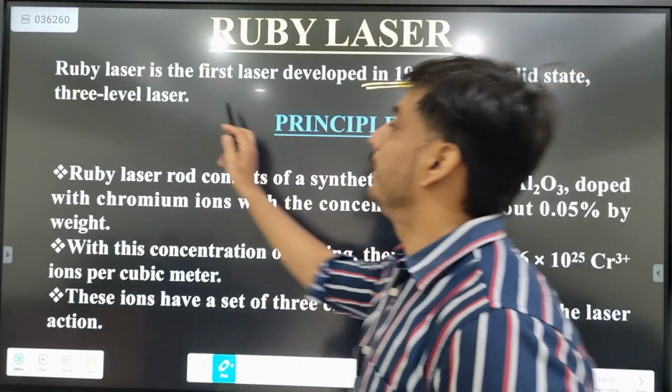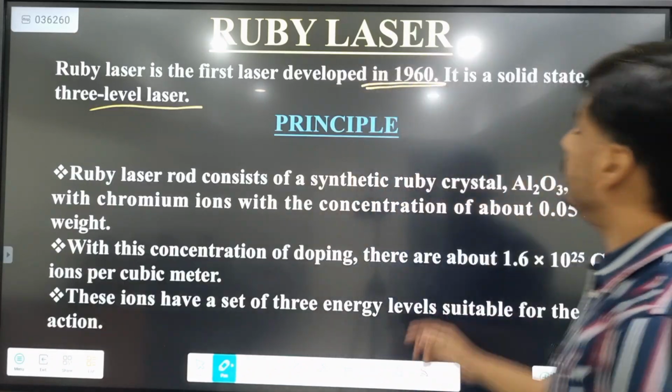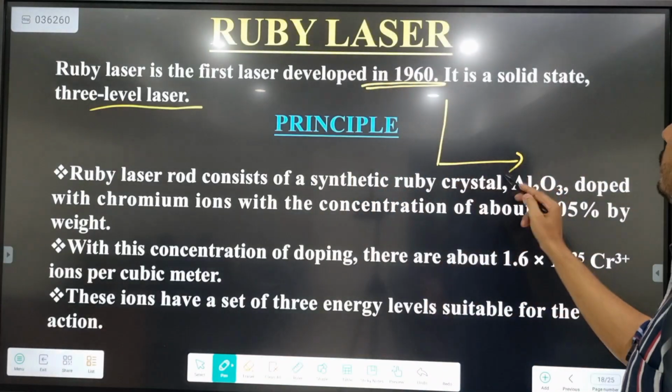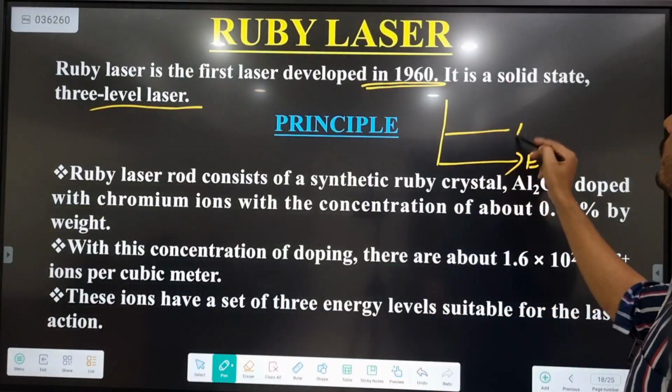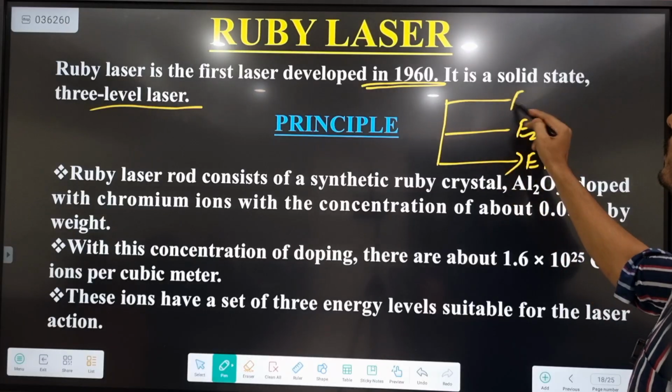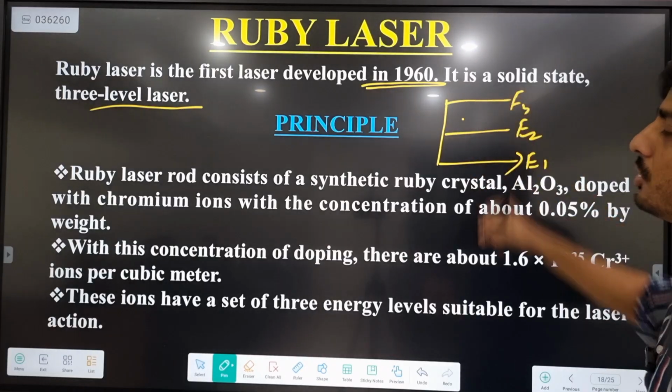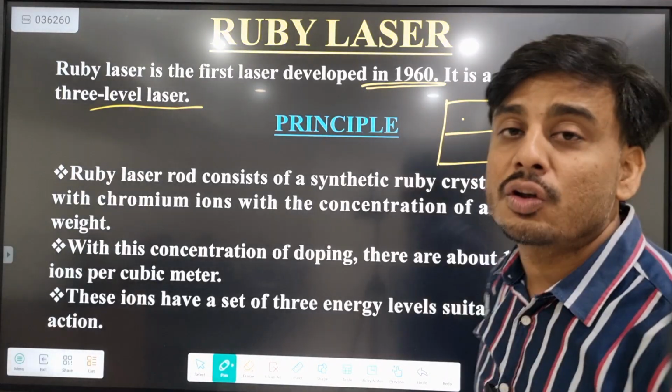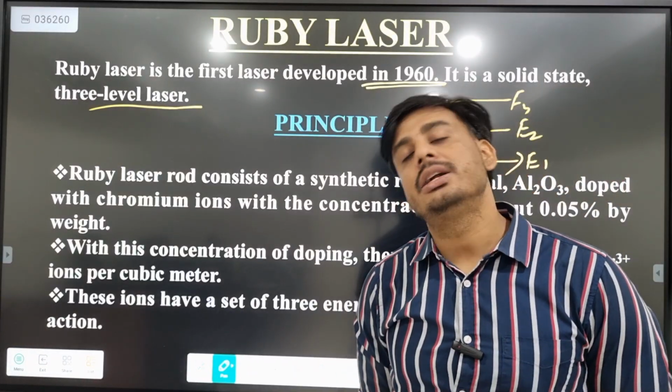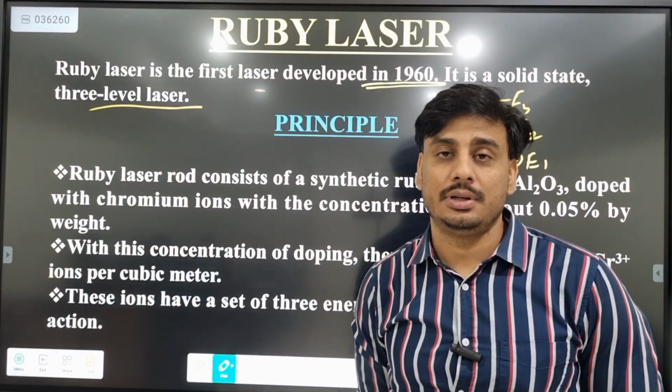What is 3-level? 3-level means when 3 energy states E1, E2 and E3 are involved in the transition of electrons or particles.